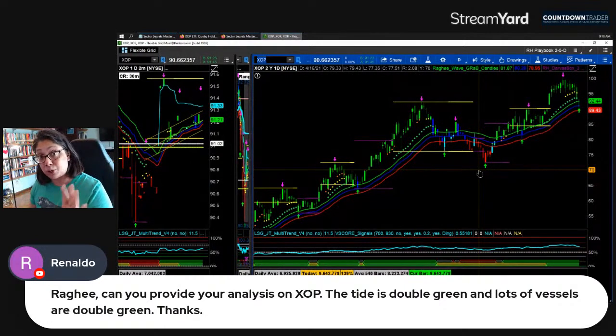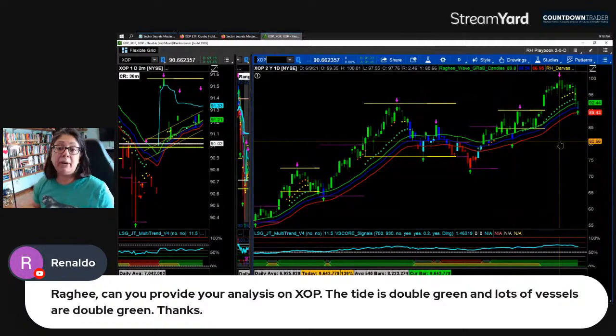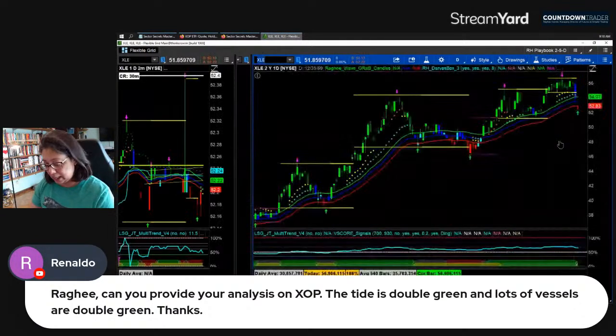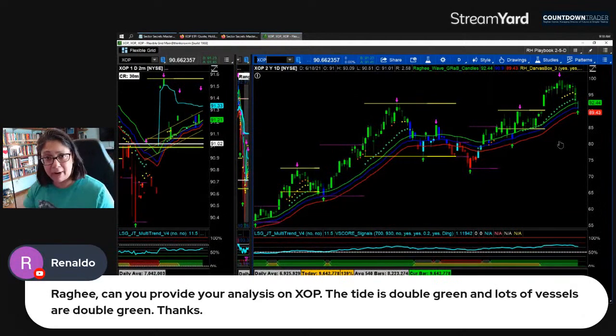But this is one of those 3 energy ETFs that I absolutely love. And so, yeah, I'd be very interested in XOP, but I'm also quite interested in XLE and OIH for long positions too. But what's quite interesting is XOP is the one that's faring the best of the 3.